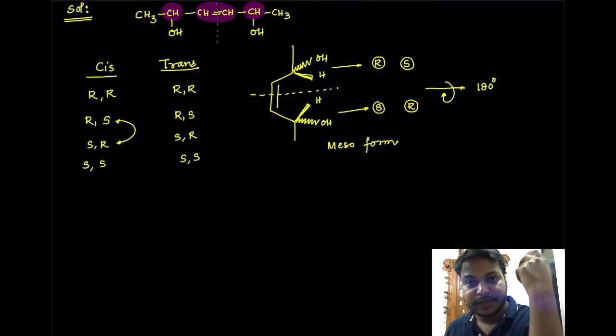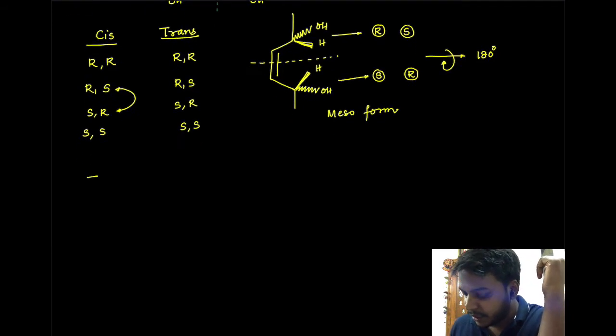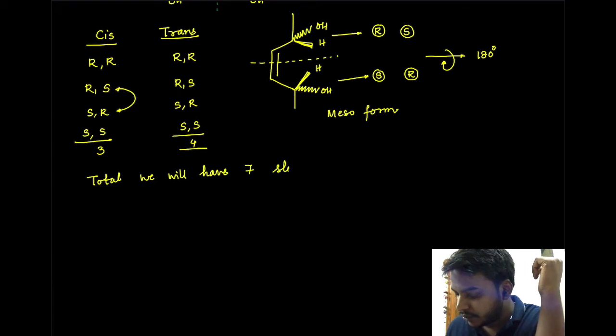Meso forms do not come in trans. So totally, 1, 2, 3 here and 4 here, we will have 7 stereoisomers.